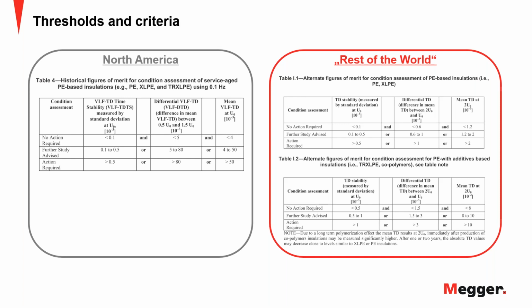But what I can tell you, for instance, the strictest utility company in the world regarding these values used to be Singapore, and they had a very rigorous policy of cutting everything out at 500 picocoulomb.